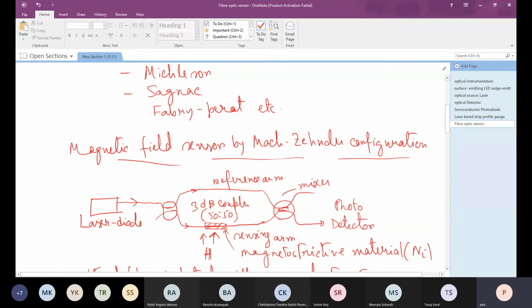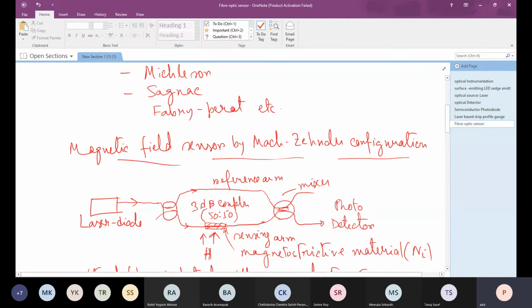So from this photodetector itself, that means the electrical part, and this source and detector and also other signal conditioning like amplifier, etc., are kept quite far.